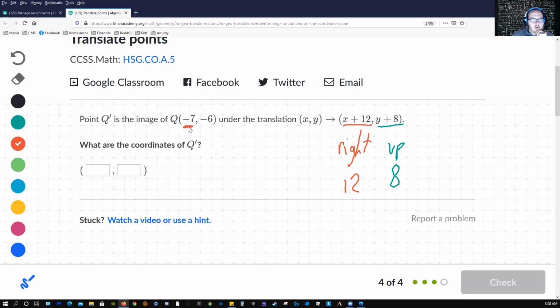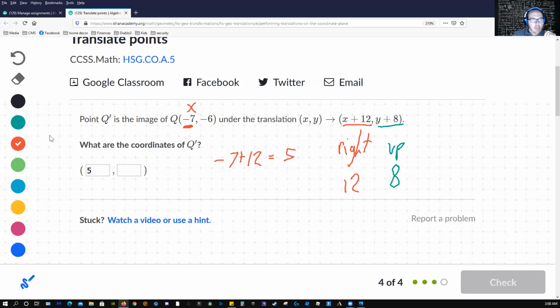Okay, well, so the x value is negative 7. So negative 7 plus 12, integer rules. 12 is a greater absolute value than this, so it's going to be a positive answer. The difference is 5.